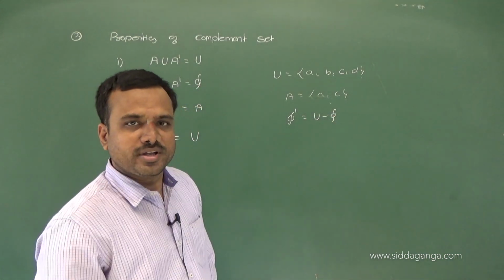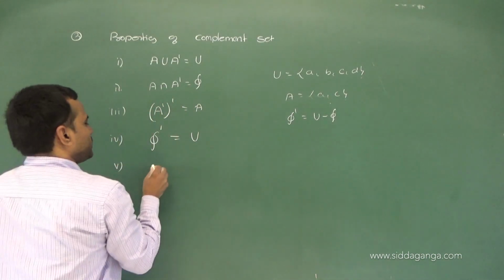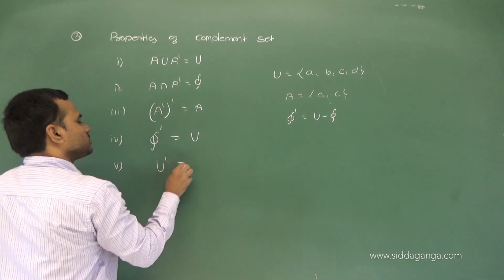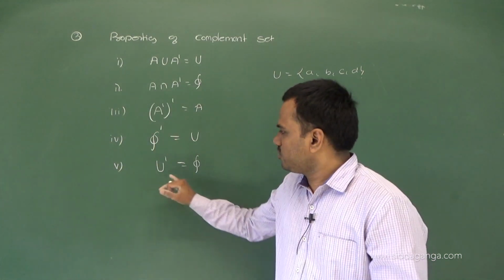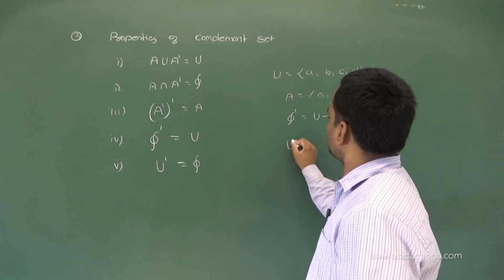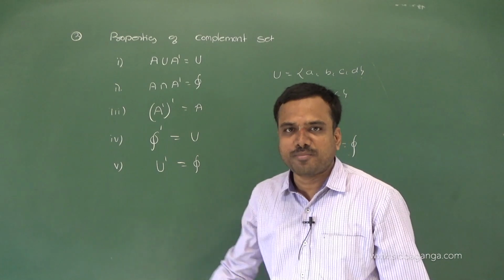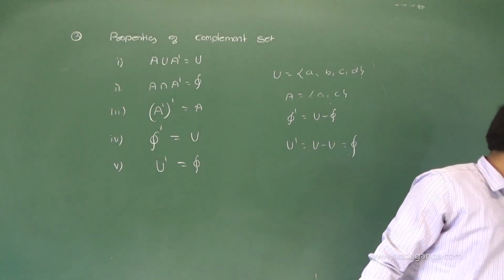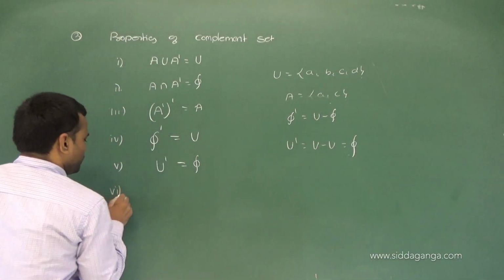Empty has no element, which means universal set. Fifth property: universal set dash is nothing but what? Empty. U minus U is nothing but what? Empty set.